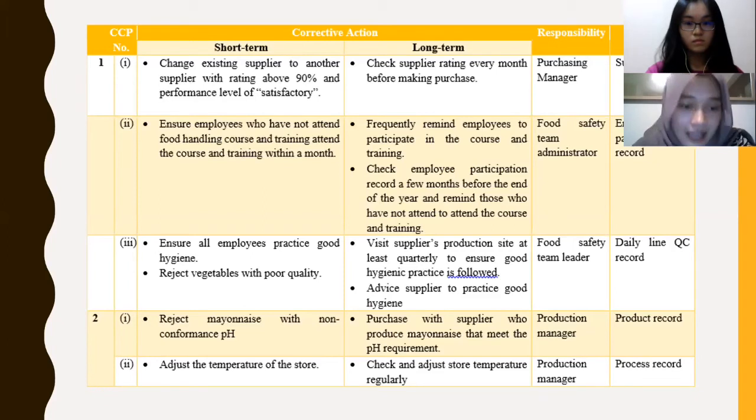And then next is adjust the temperature of the store, which for the long term, check and adjust store temperature regularly. So the person responsible for these corrective actions is the production manager, and then keep the record under the process record.